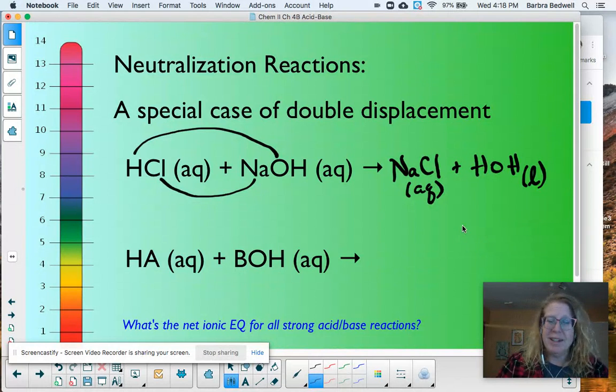It's just water. What's interesting about this sort of double displacement reaction is that there's really nothing visible, nothing to see. There is a product that forms, and the formation of liquid water is our driving force here, rather than the formation of a solid precipitate. Remember, back in double displacement reactions, we'd have two ions that would come together and were so into each other that they would simply settle to the bottom.